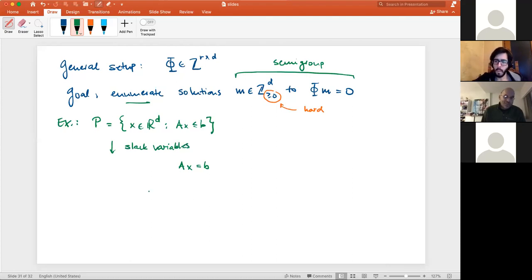So this is now a new matrix A, and a new D, I guess. You need more variables now. By introducing slack variables, and some translations of my polytope, and if you're only interested in integer points, you can do an integer translation, you can assume that P looks like this.